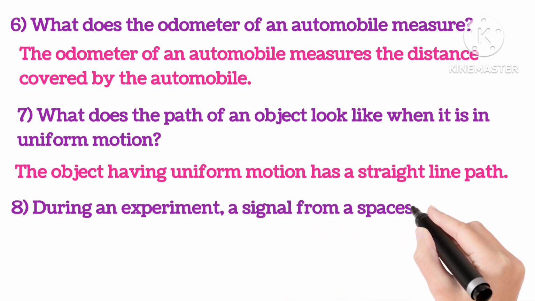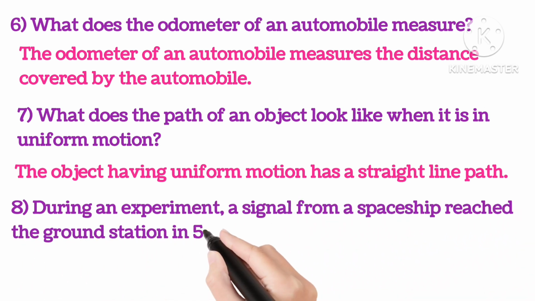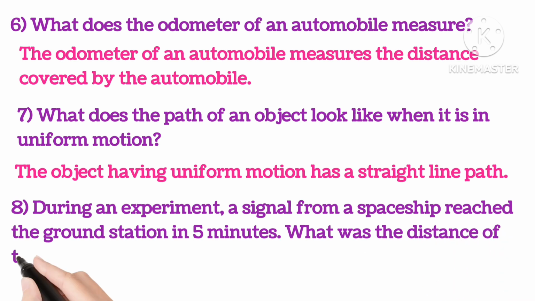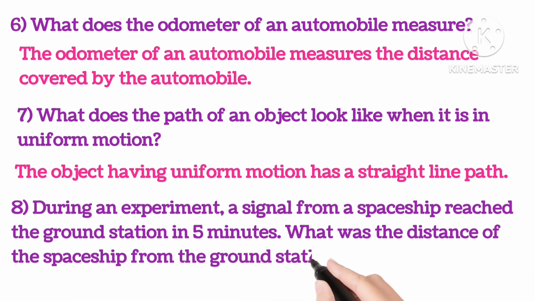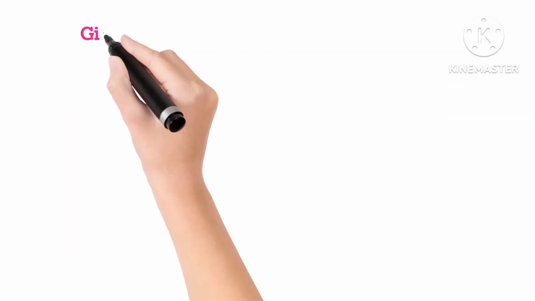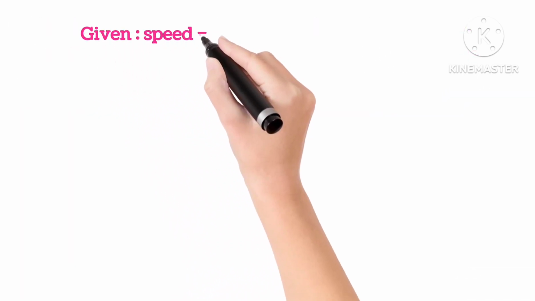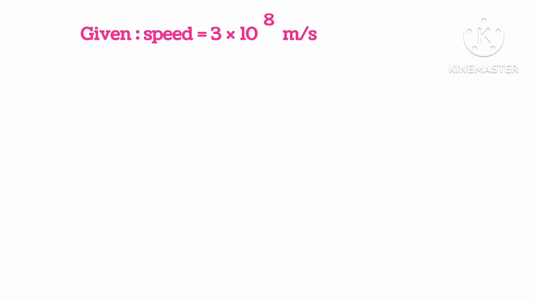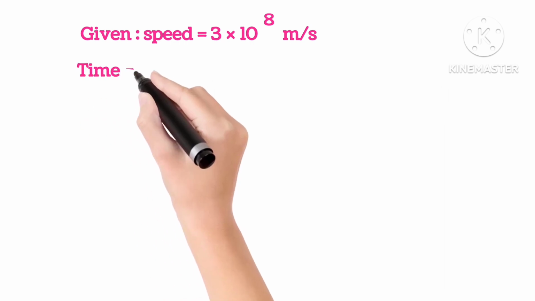During an experiment, a signal from a spaceship reached the ground station in 5 minutes. What was the distance of the spaceship from the ground station? The signal travels at the speed of light, which is 3 into 10 to the power 8 meter per second. Now given is speed, 3 into 10 to the power 8 meter per second.